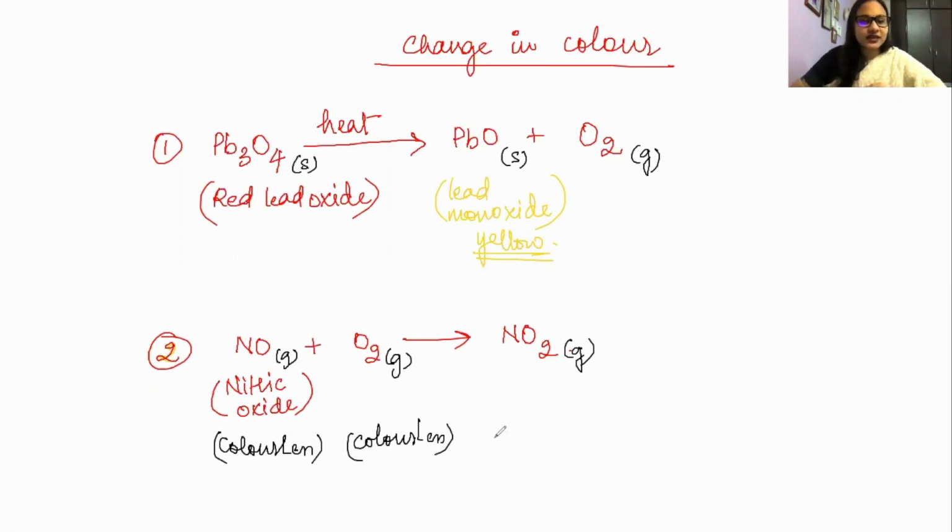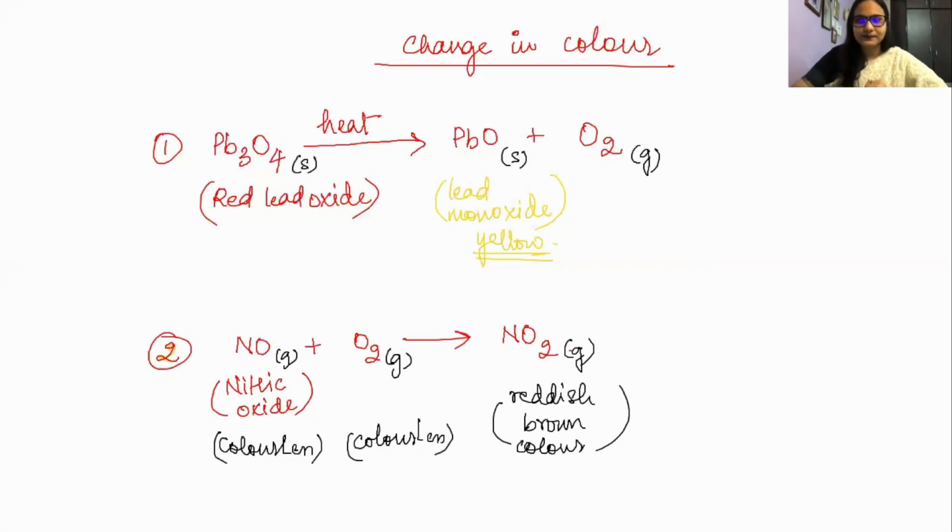Nitrogen dioxide actually has a very, very distinct reddish brown color. So at the end of the reaction, if you notice a reddish brown color gas being formed, that's how you know that the reaction has come to a completion. Nitric oxide, I do want you to make a note of it, is also known as nitrogen monoxide, and nitrogen dioxide is called as it is.